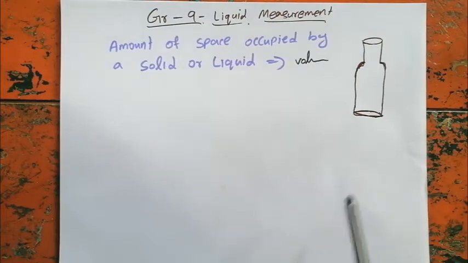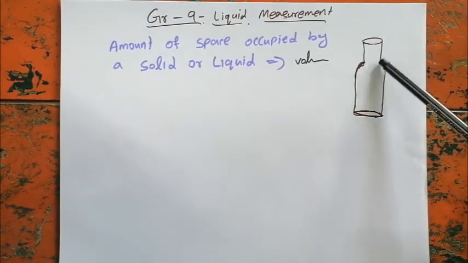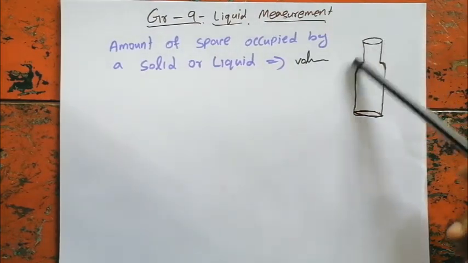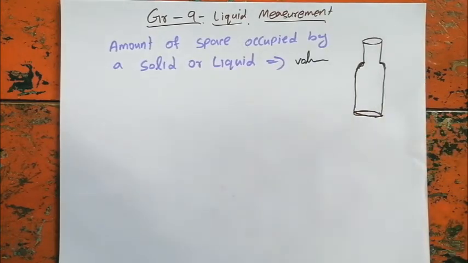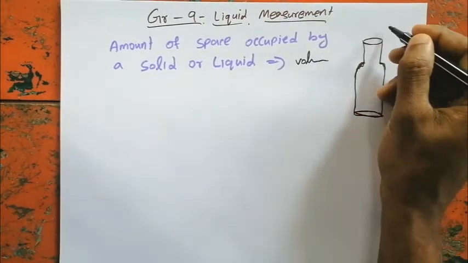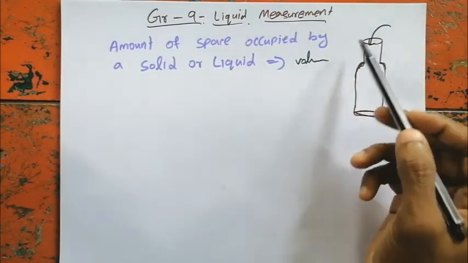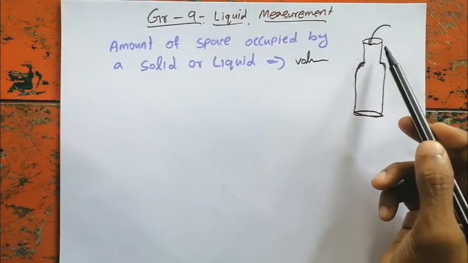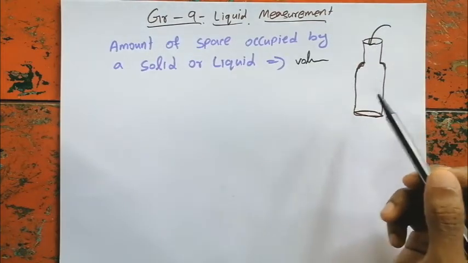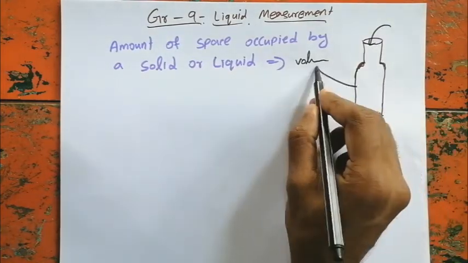So let's take this empty bottle. If we pour any liquid into it, the space inside this bottle is called the volume of this bottle.